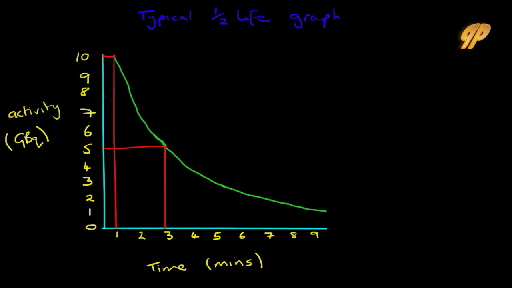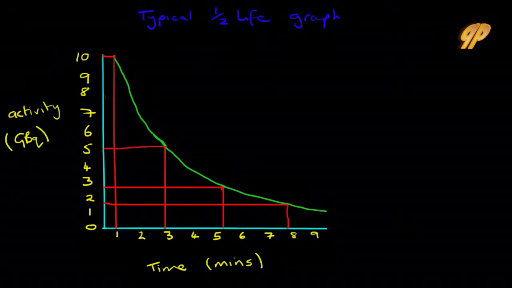If we then reduce the activity by half and interpolate at 2.5 gigabecquerels, we find that the time goes from 3 to just over 5 minutes, so around 130 seconds. And then if we were to interpolate at 1.25-ish gigabecquerels, we'd find the half-life to be somewhere between 5 minutes and 7 to 8 minutes.